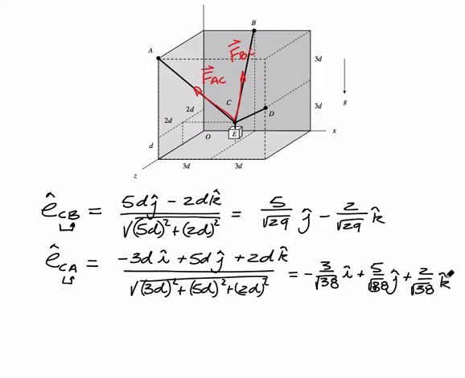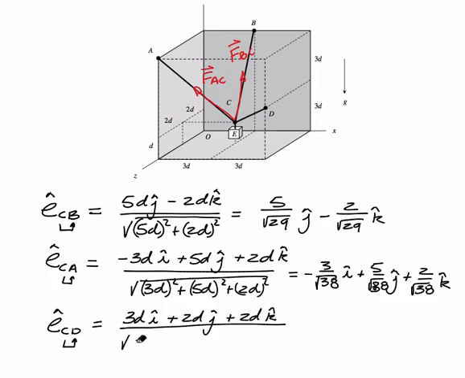And lastly, for cable CD, I'm going to choose to write that unit vector from C to D. Going the distance between C and D, I go 3d in the positive x, 2d in the positive y, and 2d in the positive k, dividing by the length, the square root of 3d squared plus 2d squared plus 2d squared.